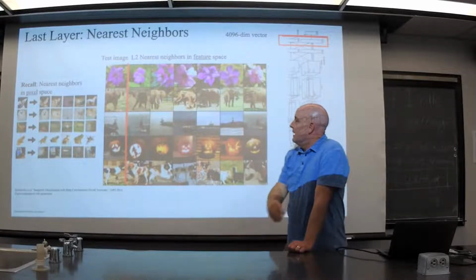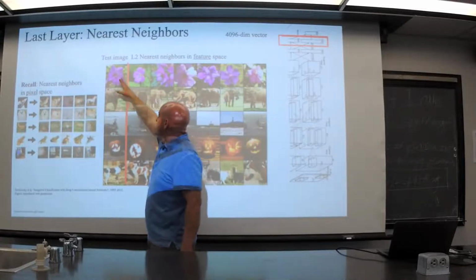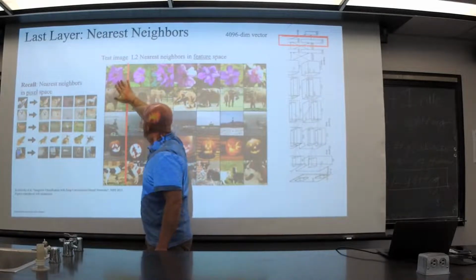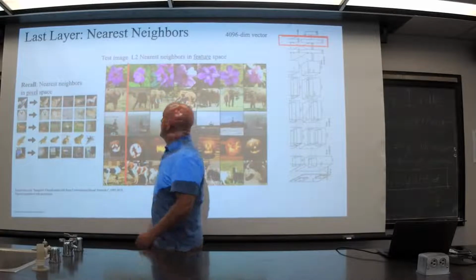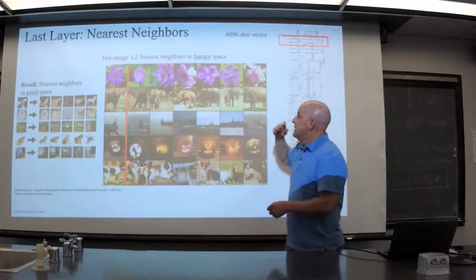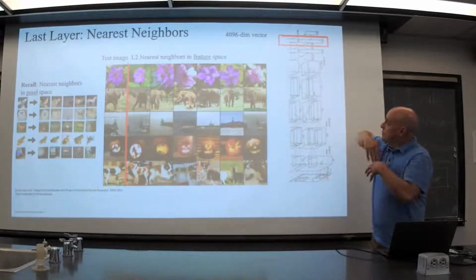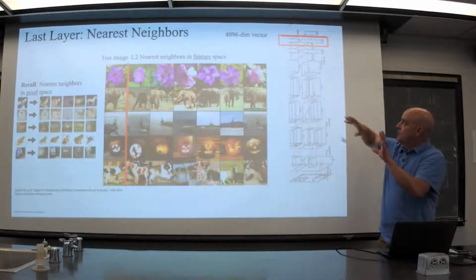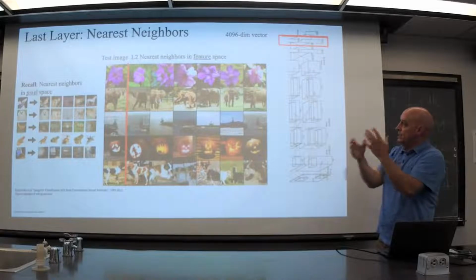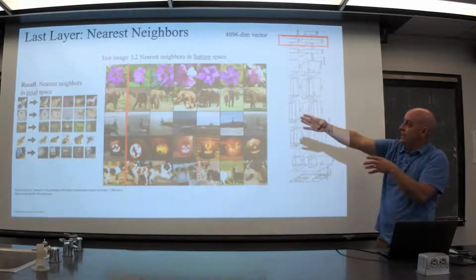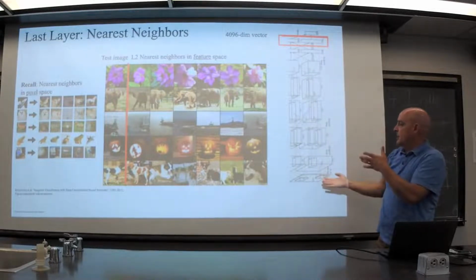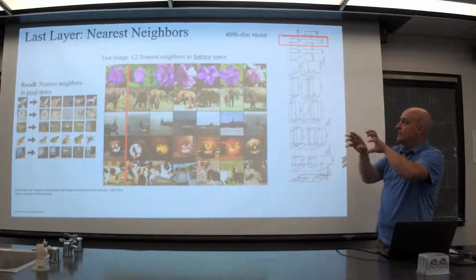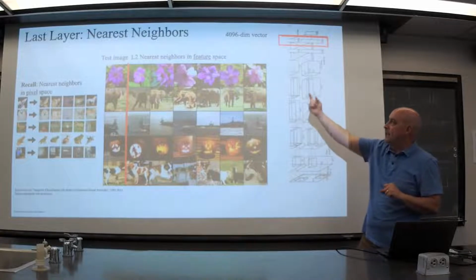These are more or less random examples, although somewhat cherry picked, I'm sure. You have this purple flower, and we go into what we sometimes call an embedding space, the vector space for these feature vectors. We consider the feature vector associated with that image, look at all the other images embedded nearby it in that vector space, and go back and look at their images.